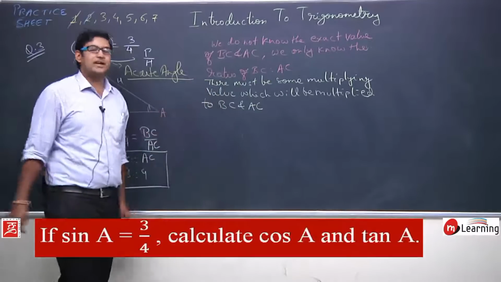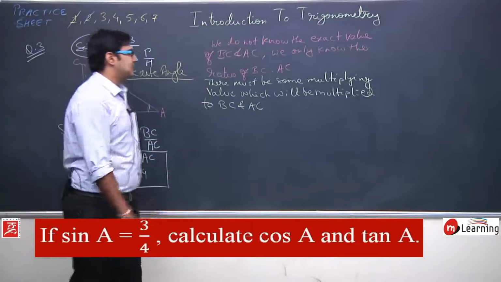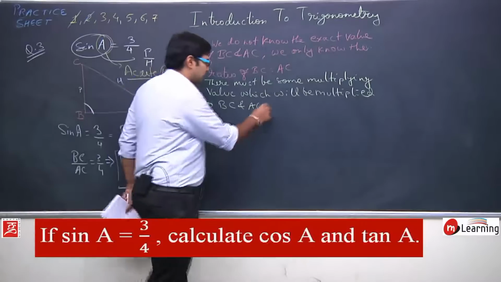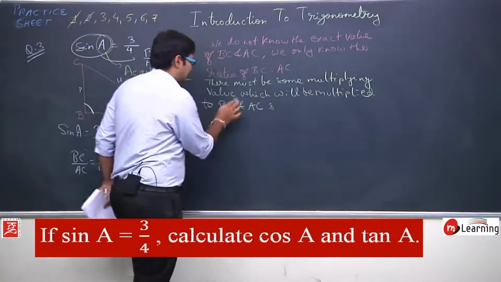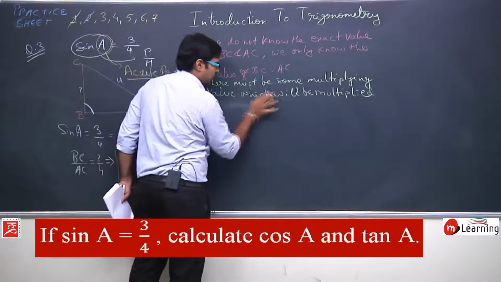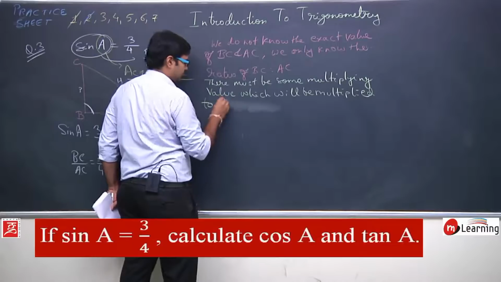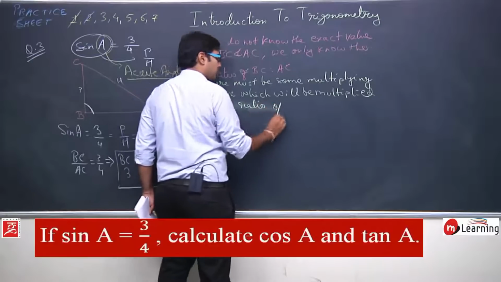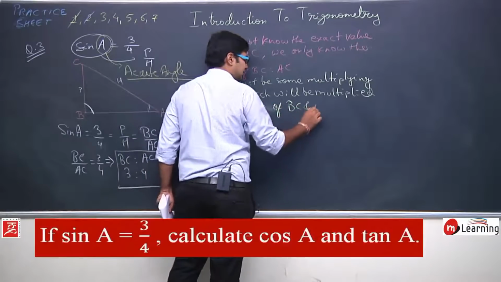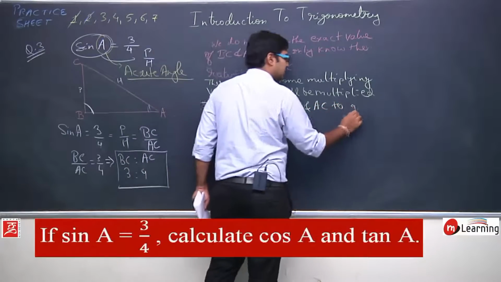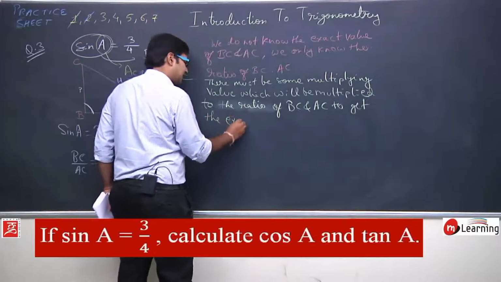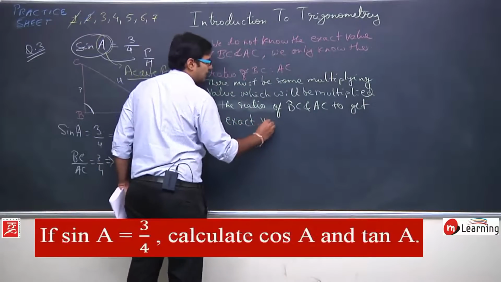There must be some multiplying value which must be multiplied to the ratio of BC and AC to get the exact values.